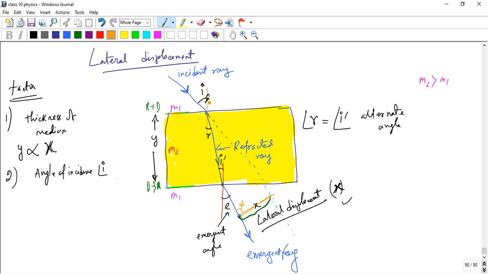These two normals are parallel, and this line is called a transversal. That's why these are called alternate angles.